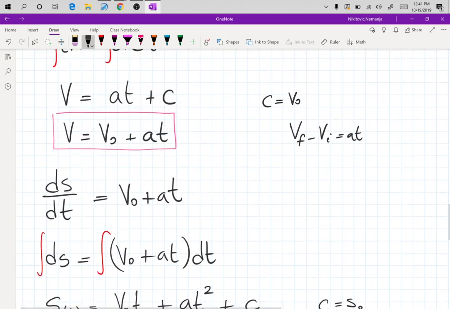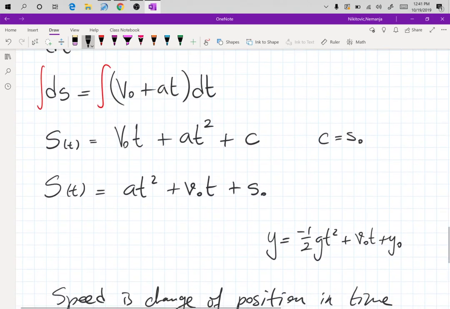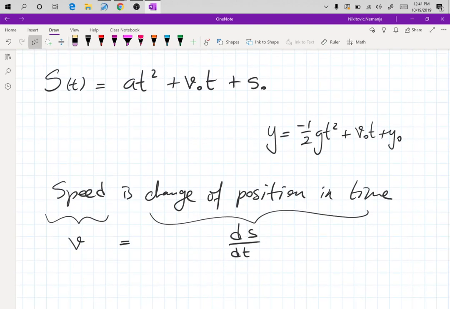We had it up there and we solved it down here. You take the English words and translate them into mathematical equations, and then you solve the differential equation to get the model. Cool?